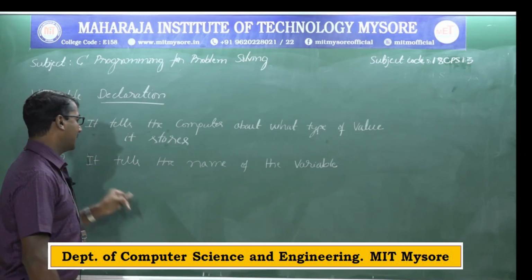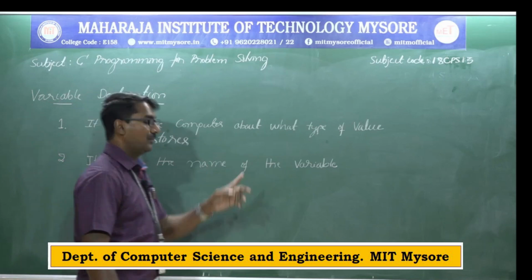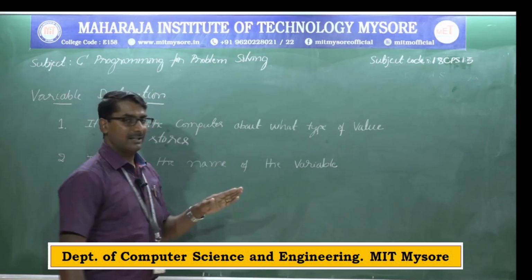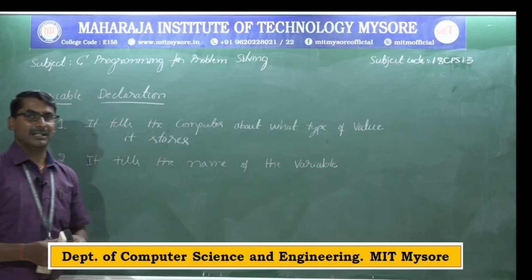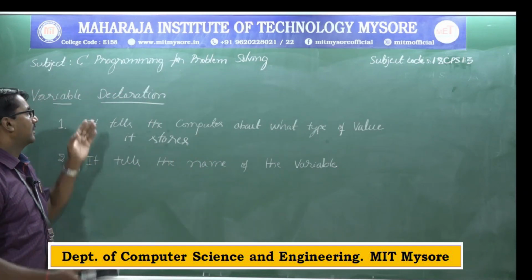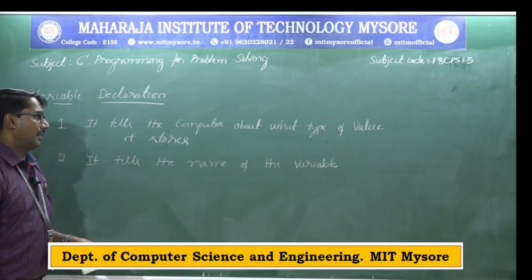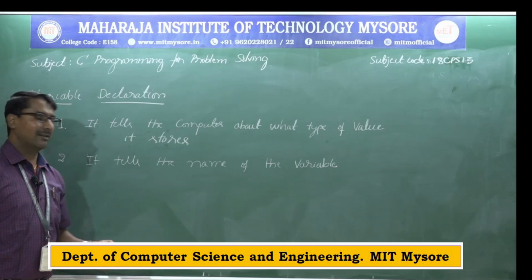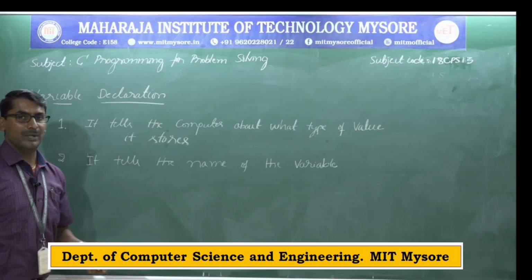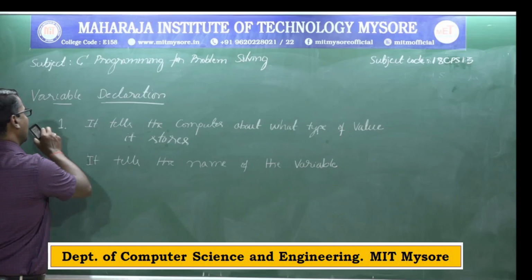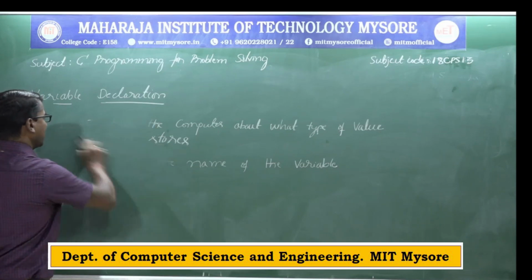The next is it tells the computer the name of the variable. These two things are specified in the variable declaration: the type and range of value, and the name of the variable.